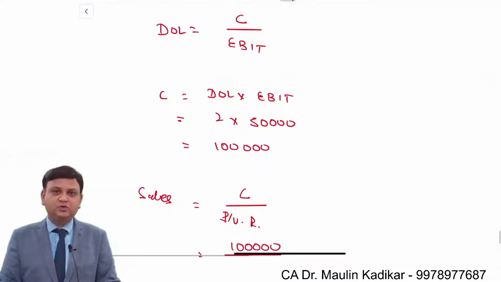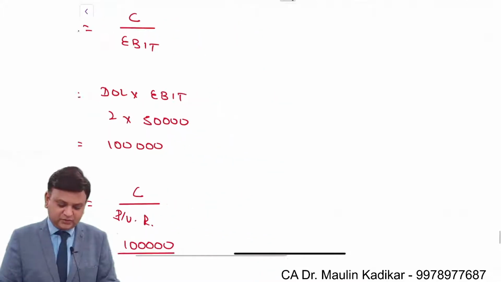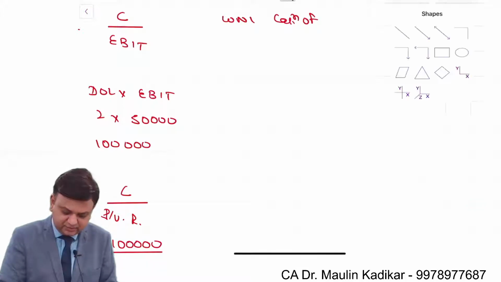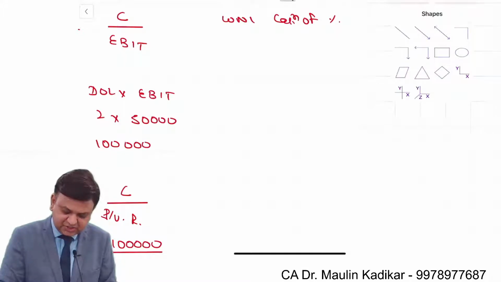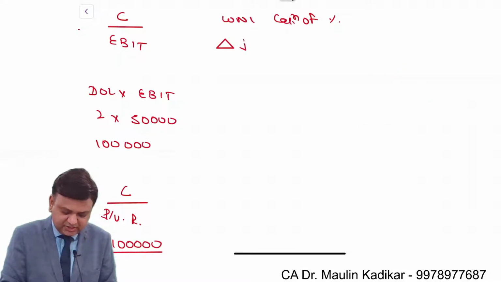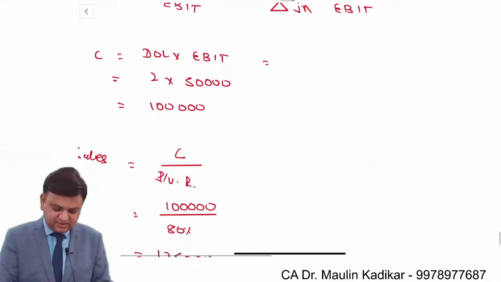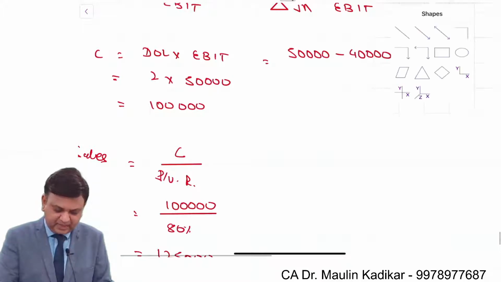So if at all we want to do it with this DOL, then what you have to do, first of all, working note number 1, calculation of percentage change in EBIT is required to be found. That is, how much EBIT do you need? 50,000. How much is it now? 40,000.